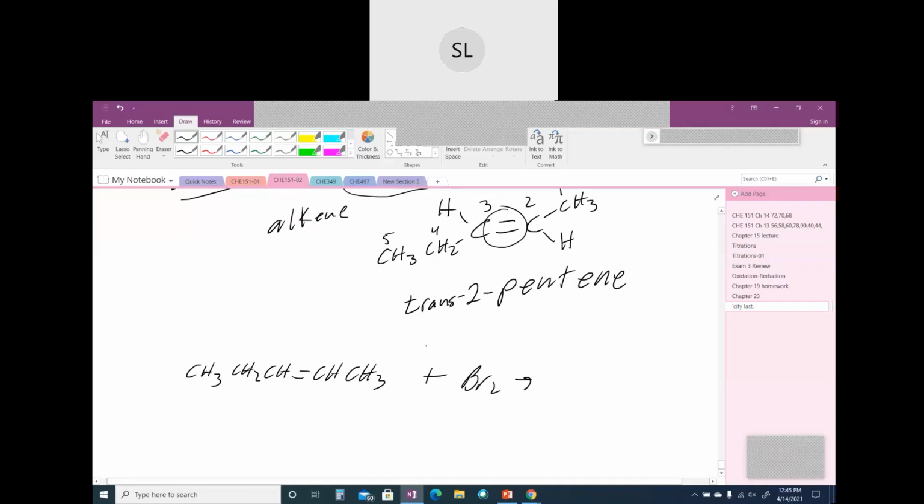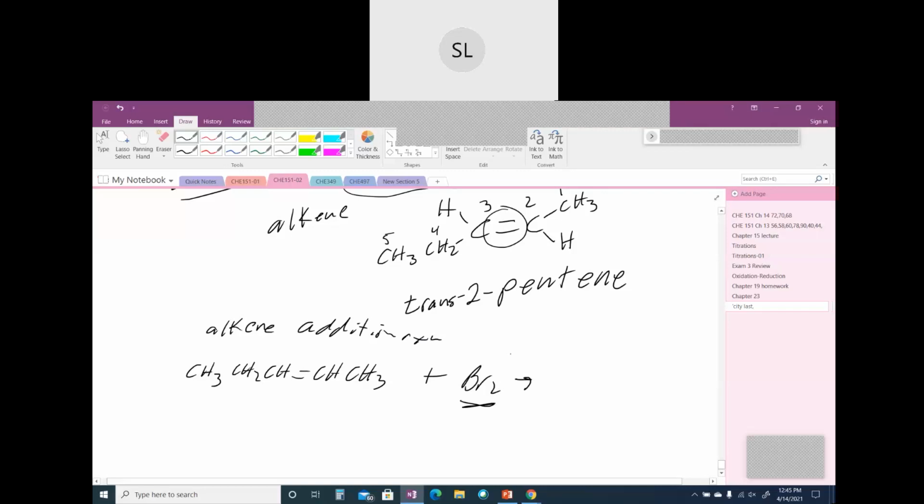All right, and so you have an alkene, and what you need to know about an alkene is that when it does reactions, it will do an addition reaction. We're going to add the bromine to it. This is a Br-Br, so you're adding the same thing to both sides.